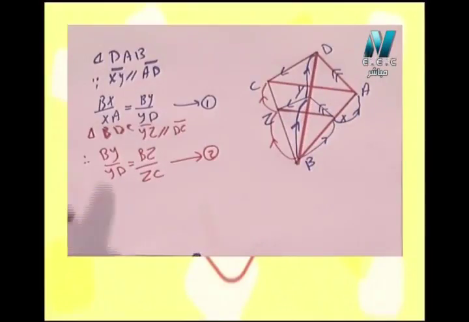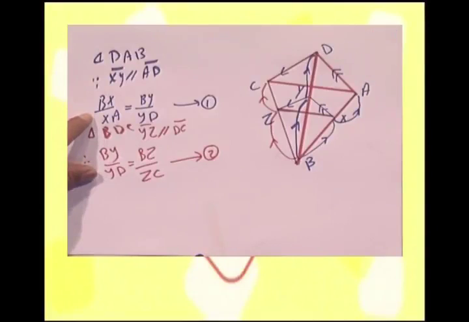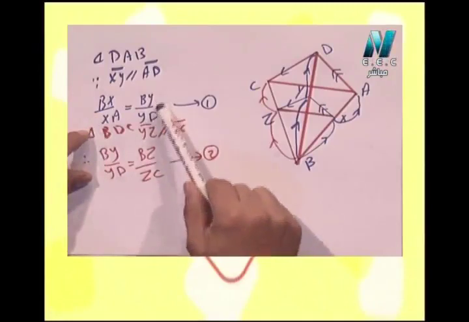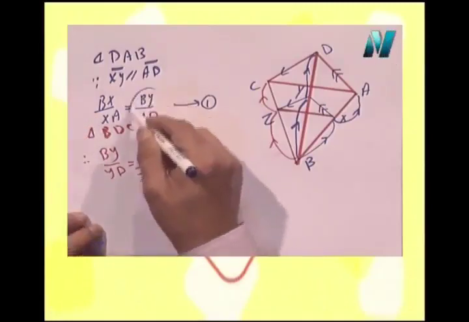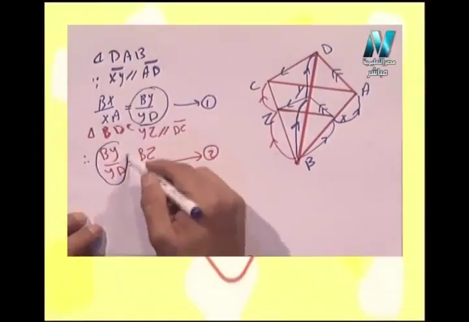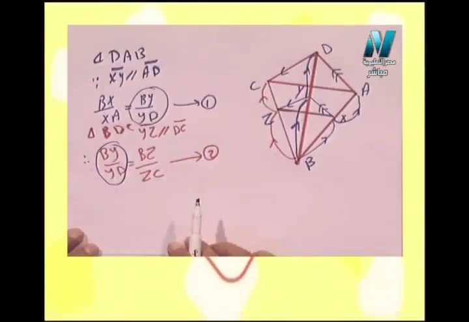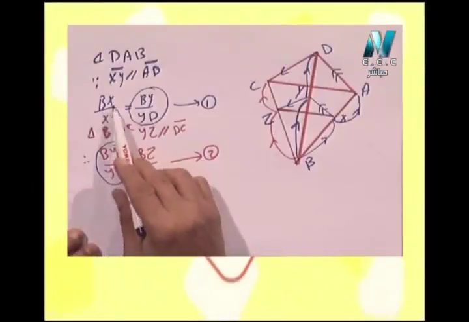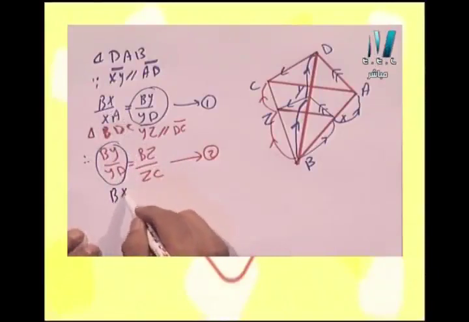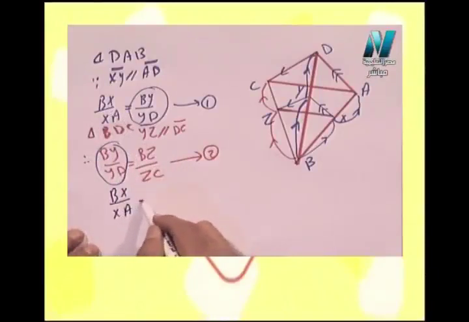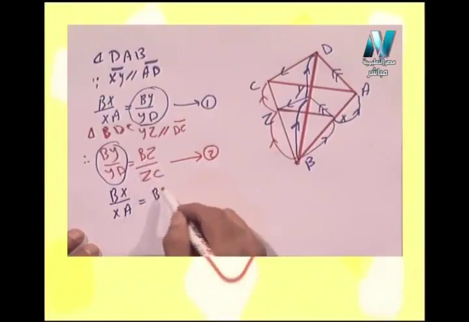Look carefully at these two equations. We have a common ratio here, BY over YD. This ratio is the same as this ratio here. So we can easily deduce that BX over XA equals BZ over ZC.